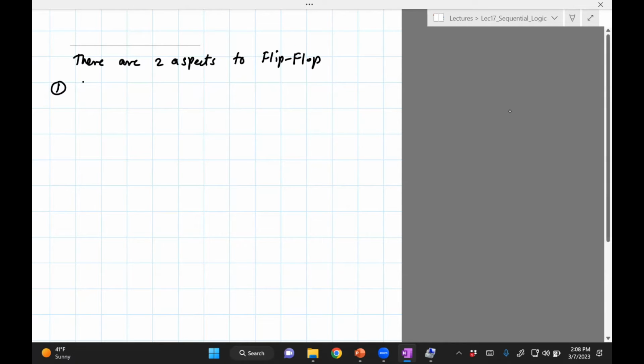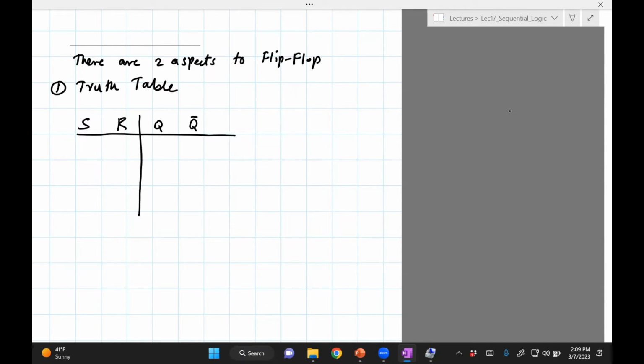Number 1 is there is a truth table like we have for gates. And I'm going to draw that. SR, then we have Q, Q bar, and then I'll put some comments which would help us understand this.